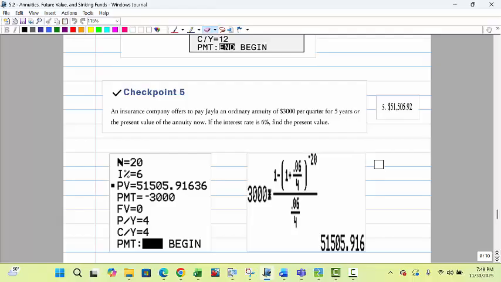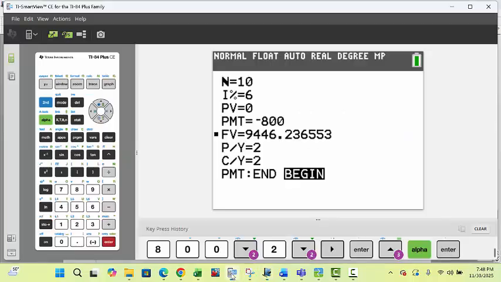So it'll be 3,000 times 1 minus, so 6% quarterly, 0.06, and just say ordinary annuity, 0.06 divided by 4, and then the bottom will be 0.06 divided by 4. So we get 51505.92. And then I'll just do this one in real time on the calculator here. 20 payments.